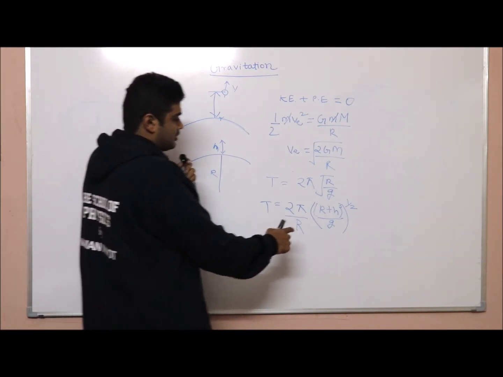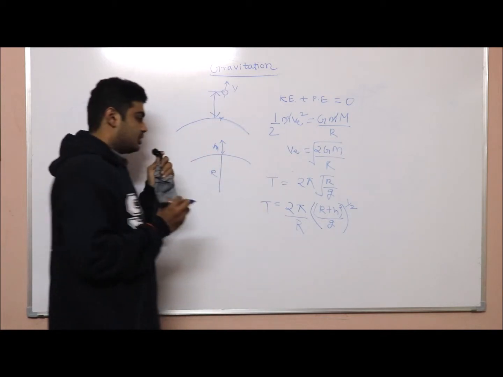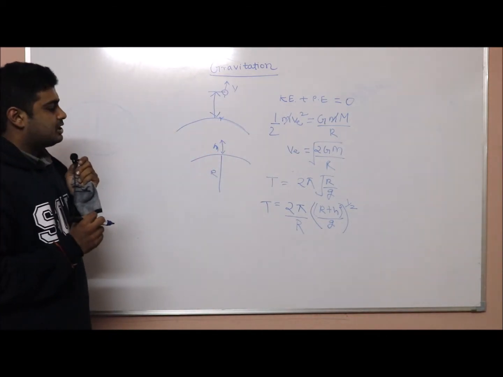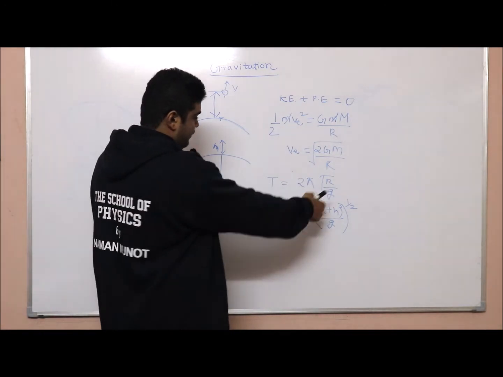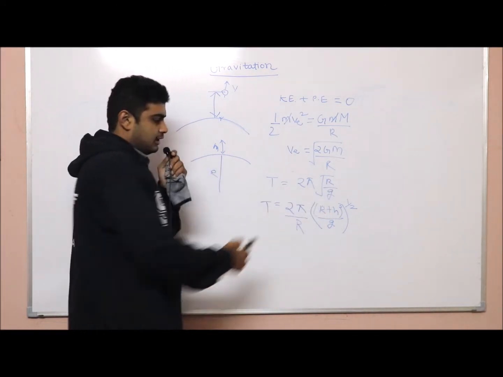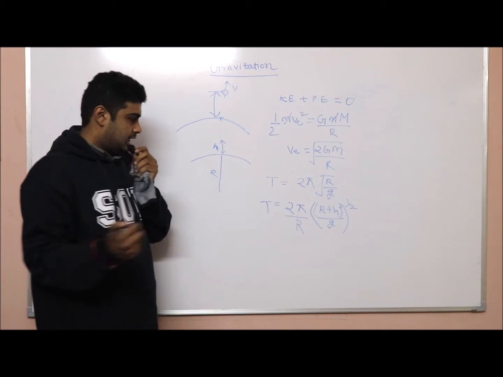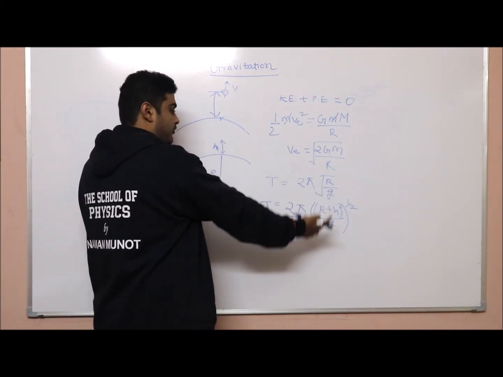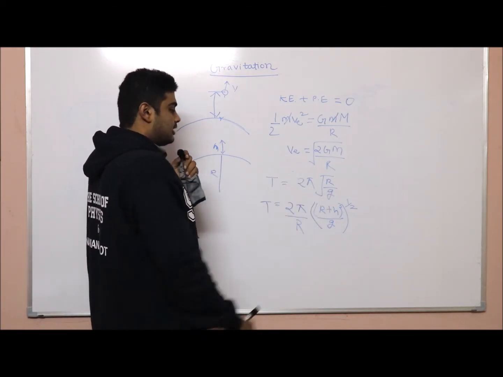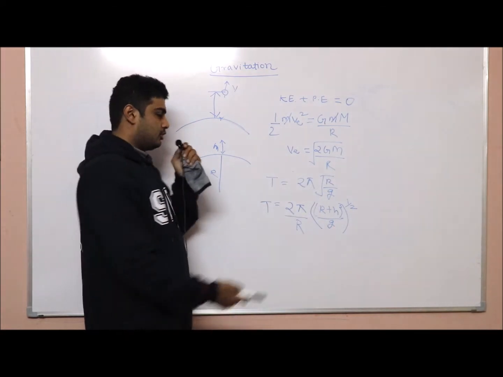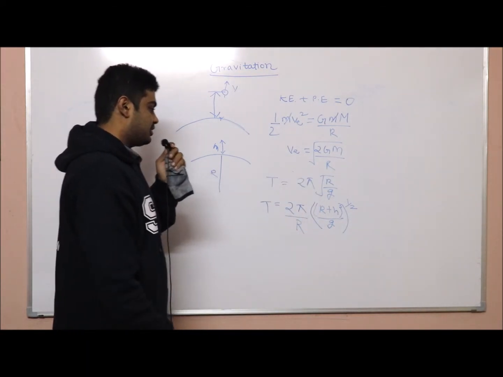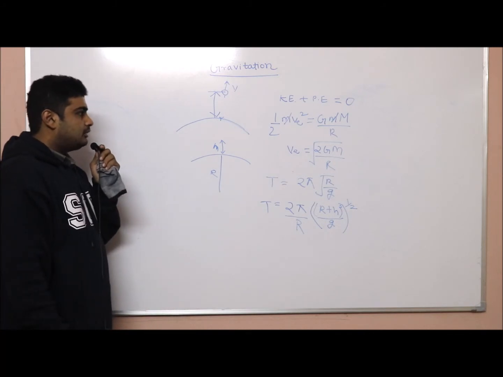So 2 pi times (r plus h) whole cube upon g, whole to the power 1/2. We can verify: when h is less than r, this becomes r to the 3 by 2, and r to the 3 by 2 by r is r to the 1 by 2, so we get the same result. So you have to remember this formula.